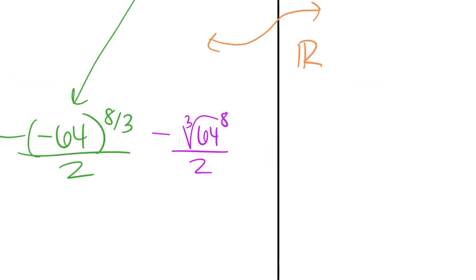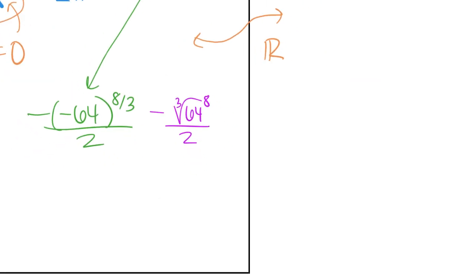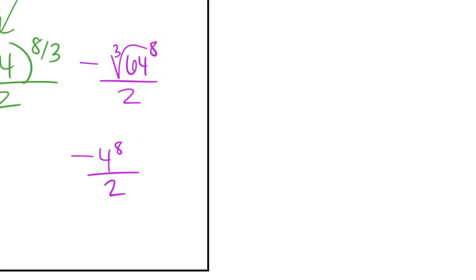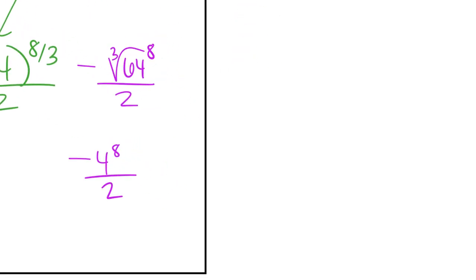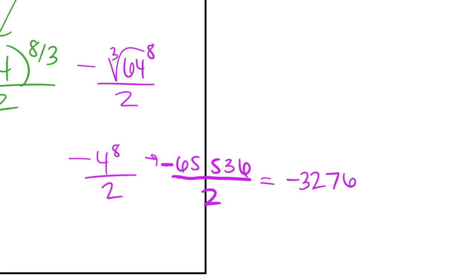The cubed root of 64 is 4, so this would be negative 4 to the 8th power over 2. It's going to be a pretty large number, so you can put that in your calculator. That is going to be 65,536 all divided by 2, which gives us negative 32,768. So that would be the final answer there.